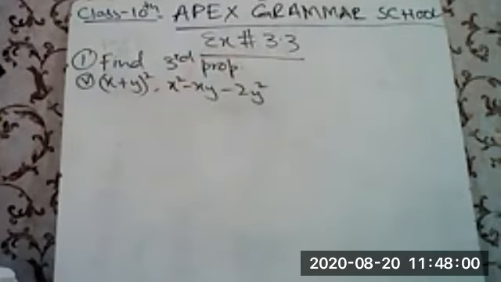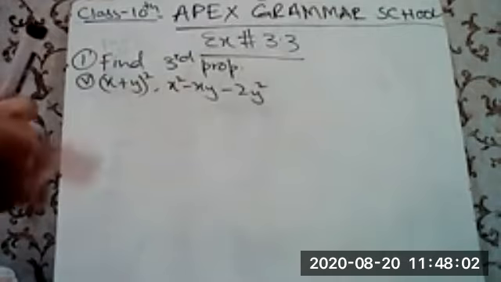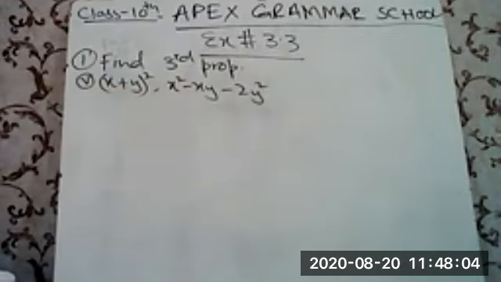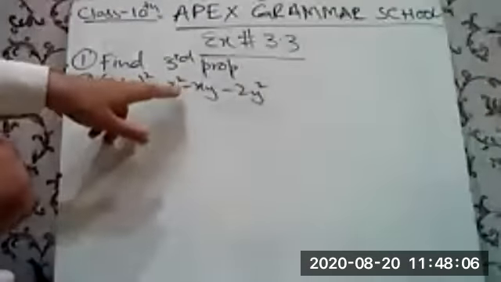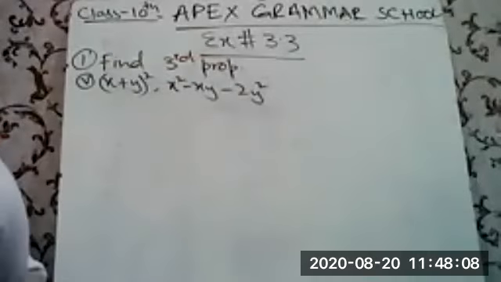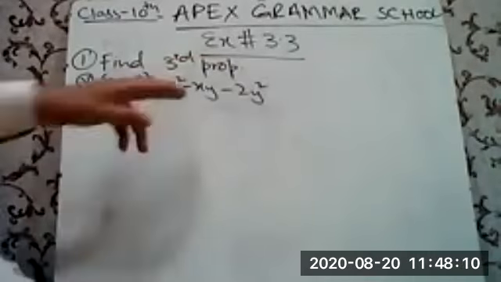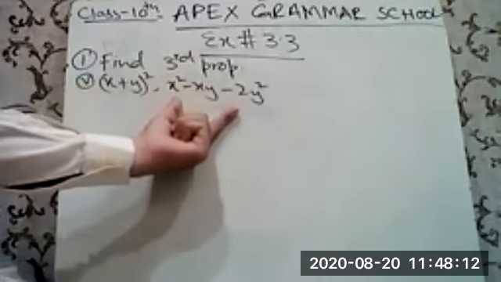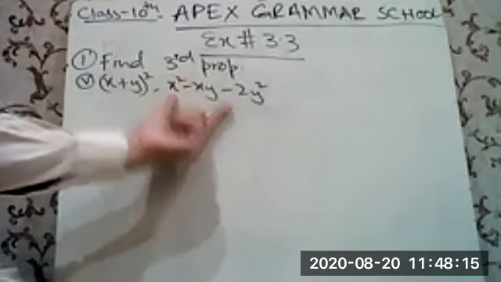Okay. Now you can see that x plus y whole square is a formula, but x square minus xy minus 2y square is not the formula. We can factorize it. Midterm breaking is possible here.